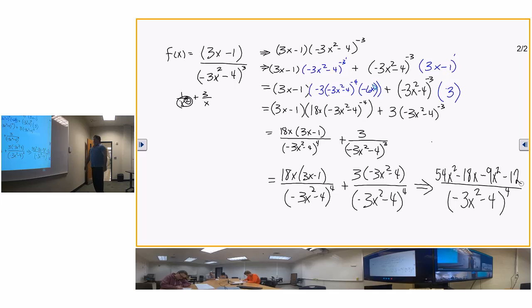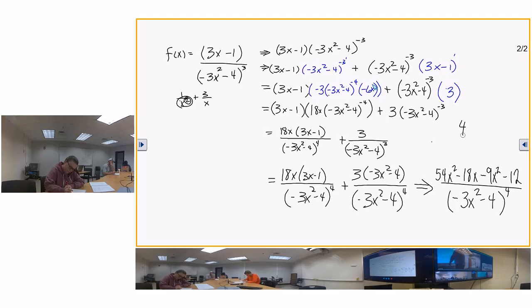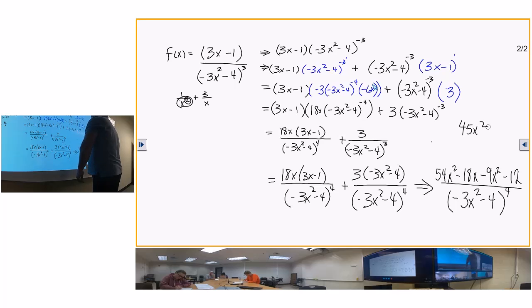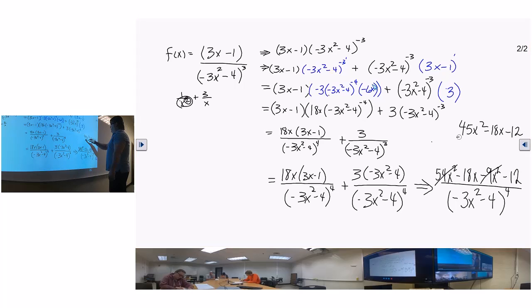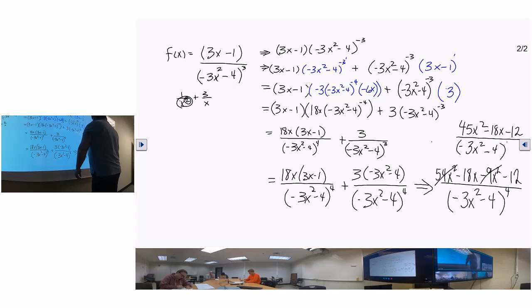And 54 minus 9 is 45. So that's going to be 45x squared minus 18x minus 12 over negative 3x squared minus 4 to the 4th power.